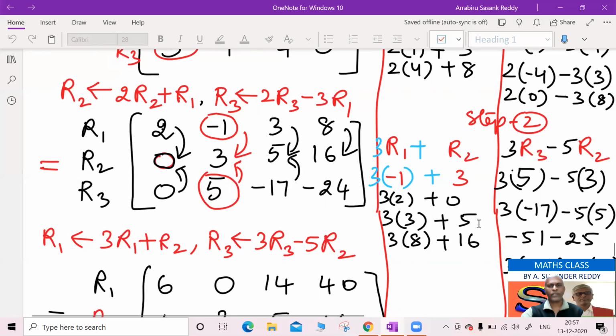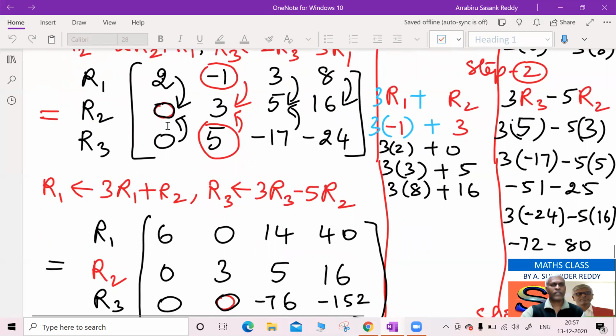So 3 into 3 plus 5, 9 plus 5, 14. 8 and 16: 3 into 8 plus 16, 24 plus 16, 40. The first row elements change as 2 becomes 6, -1 becomes 0, 3 becomes 14, 8 becomes 40 by applying 3R1 plus R2.